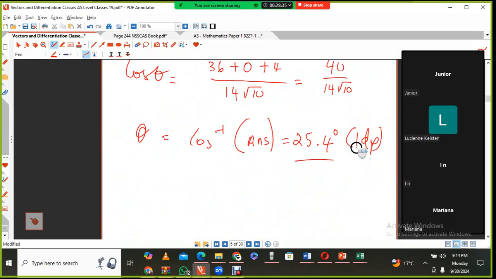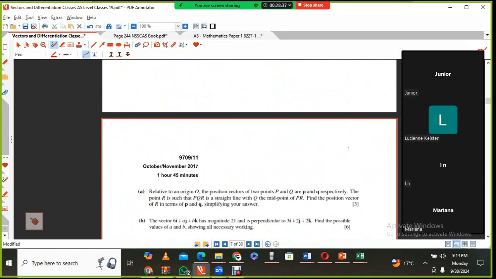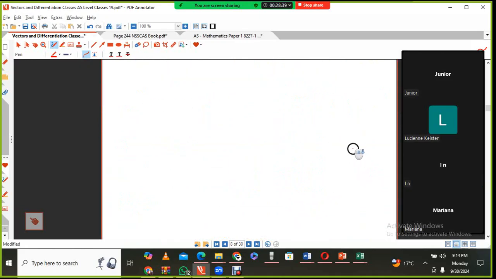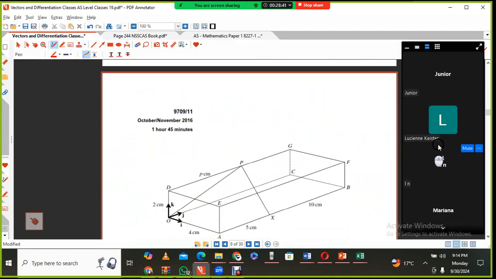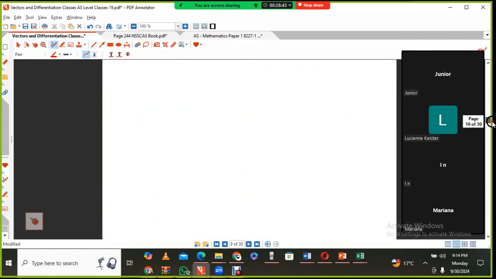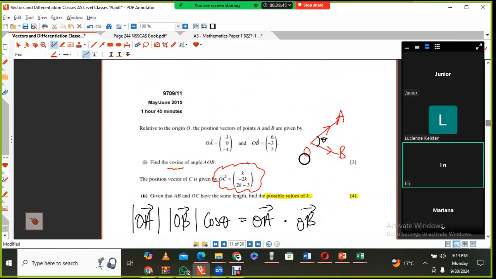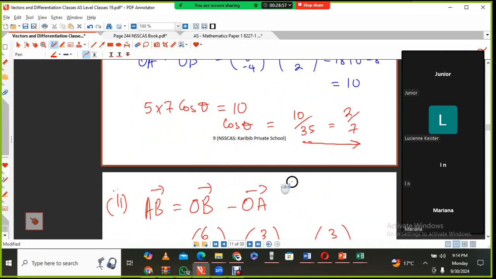We got cos theta equals 2/7. It says find the cosine of the angle, not the angle. So it's that ratio, 10/35, or cos theta equals 2/7 when you simplify it.